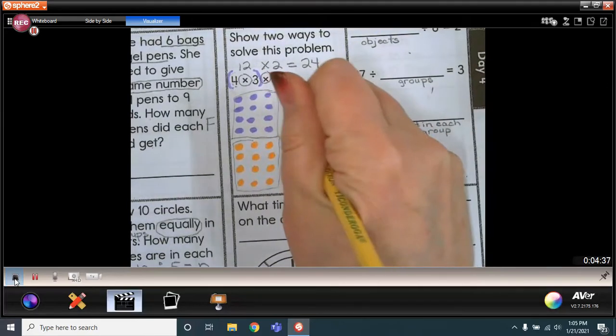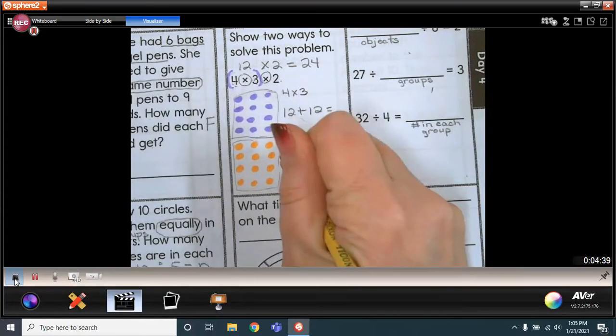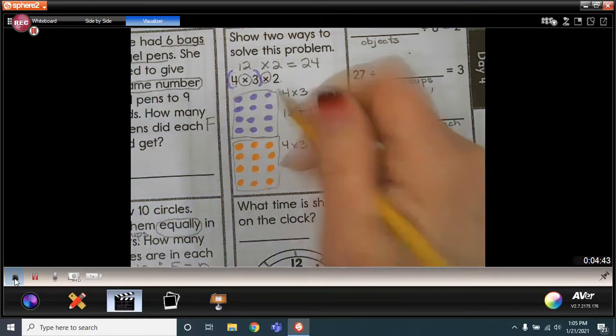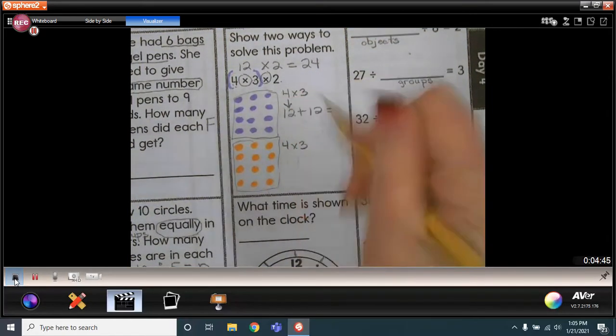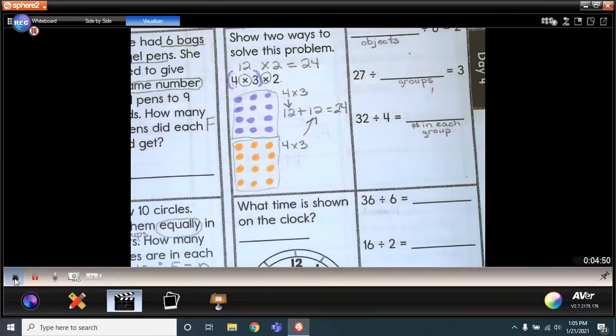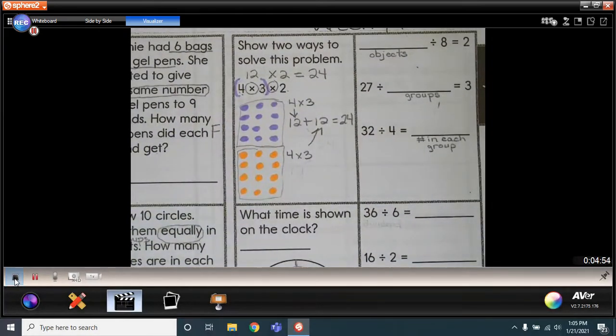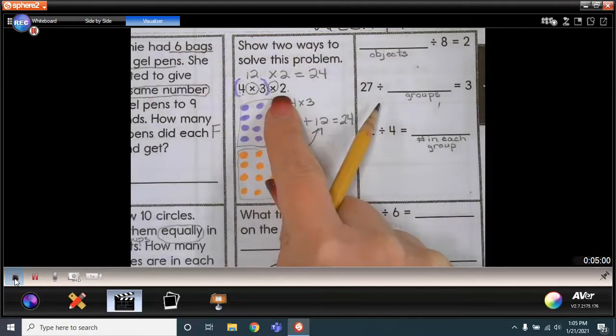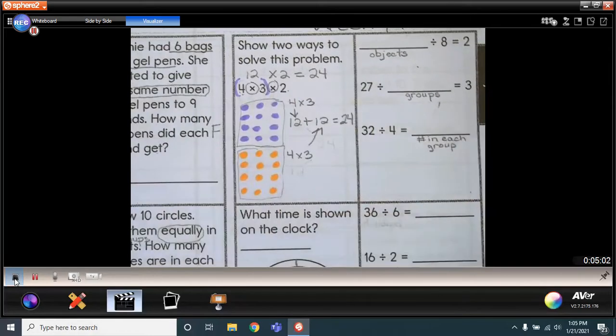So I have 4 times 3 once and 4 times 3 again, twice. That's going to give us 12, and this is going to give us 12, and that's going to give us our 24. So this is called the associative property, where you have 3 factors instead of just 2 factors. It's called the associative property.